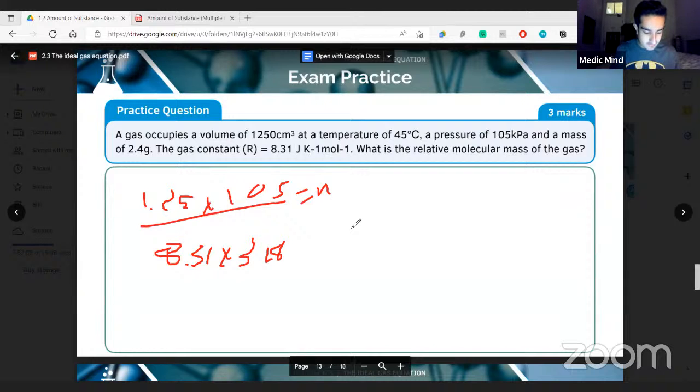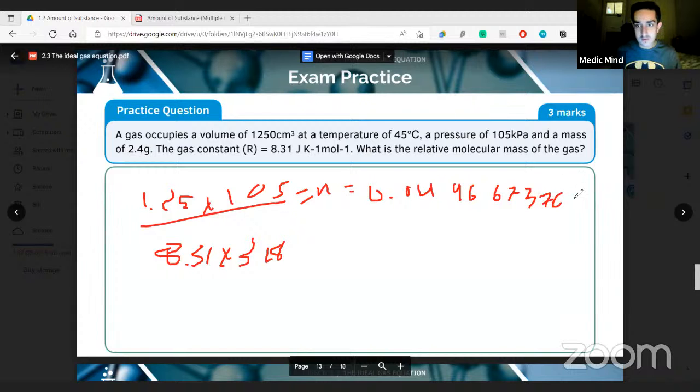So I can try them with brackets. Okay, so they've gone for 8.31 rather than 8.314. So the number of moles I still get out to 0.04966673705. The problem is I can't store that.